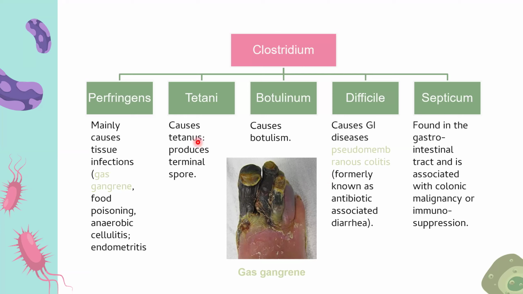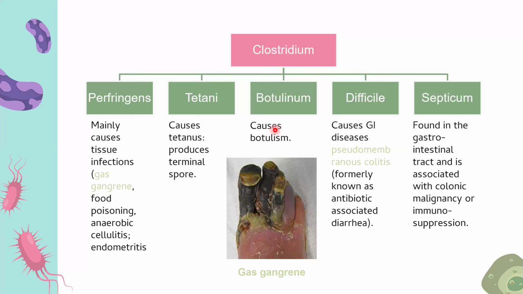The tetanus toxin and the botulinum toxin are proteins involved in neurotransmission. That is why I'm going to expect that type of spasm, that paralysis, because it's related to the nervous system.